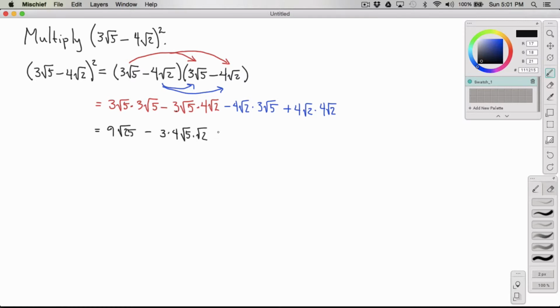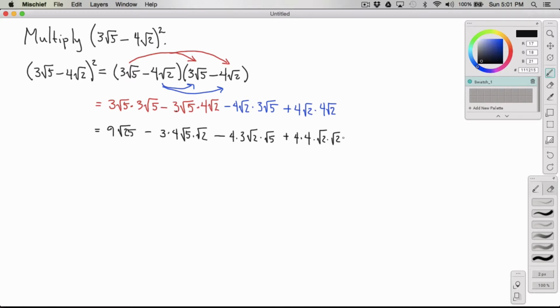And again, we'll do the same thing here, just reordering these. Since it's just a whole bunch of multiplication, we can write this as 4 times 3 times the square root of 2 times the square root of 5, plus 4 times 4 times the square root of 2 times the square root of 2.